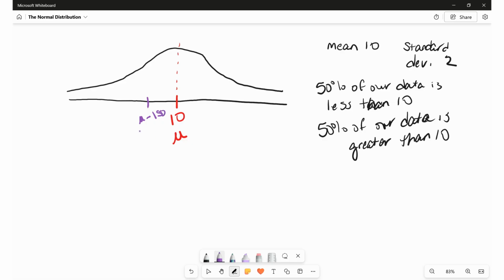Or in other words, 10 minus 2, which is 8. And then over here, we have mean plus 1 standard deviation, which is 10 plus 2, which is 12.